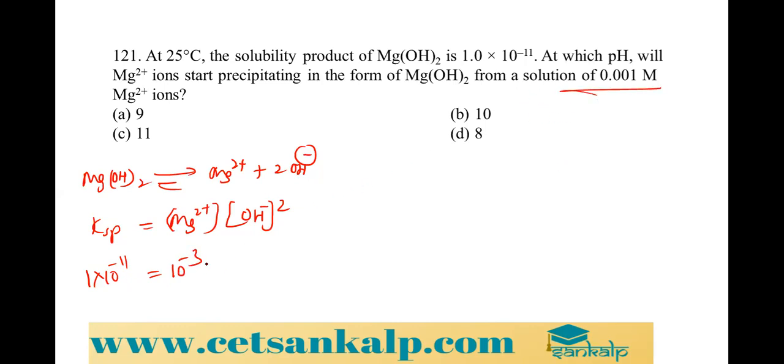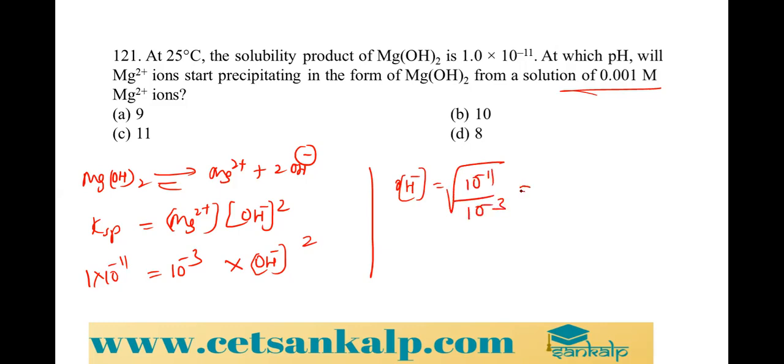Into OH minus to the power of 2. So OH minus ion concentration is going to become square root of 10 to the power minus 11 divided by 10 to the power minus 3, that is equal to 10 to the power minus 4.